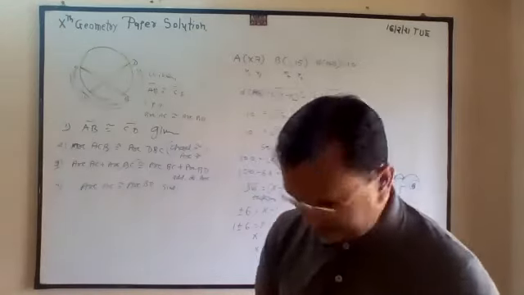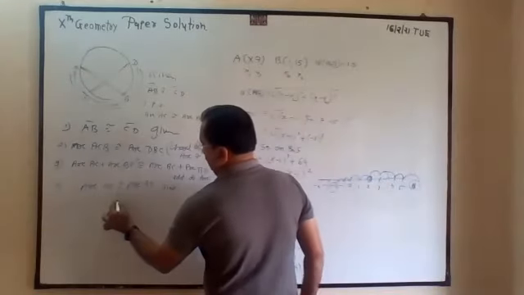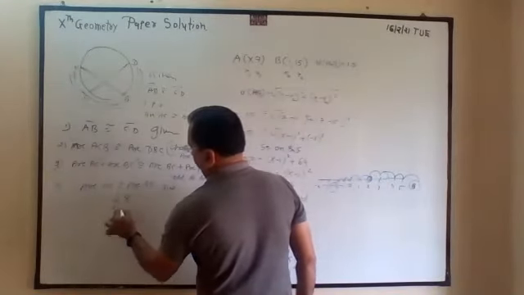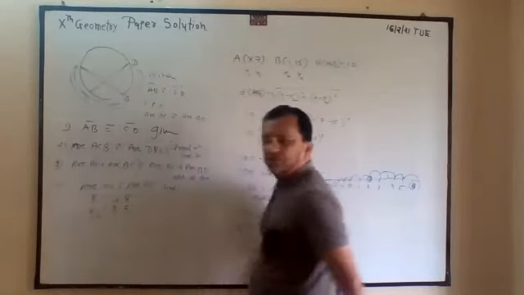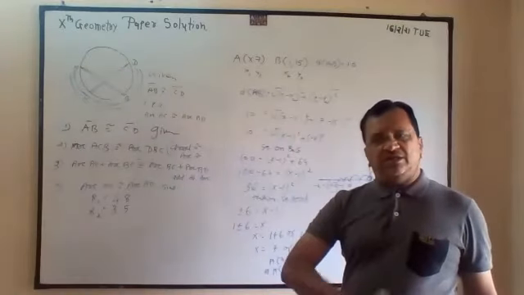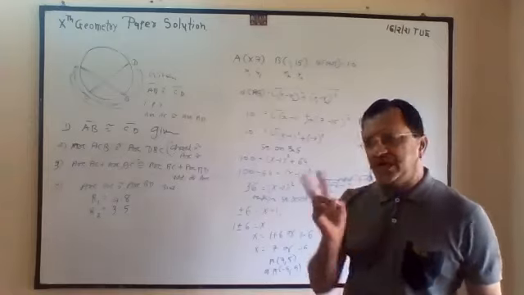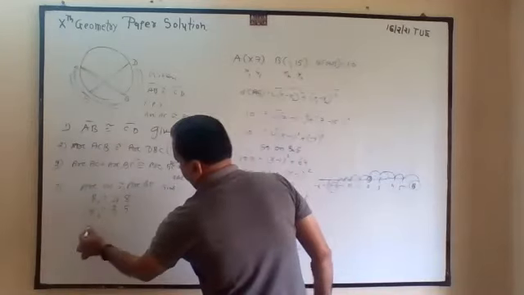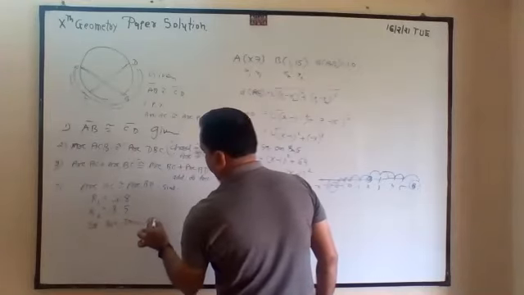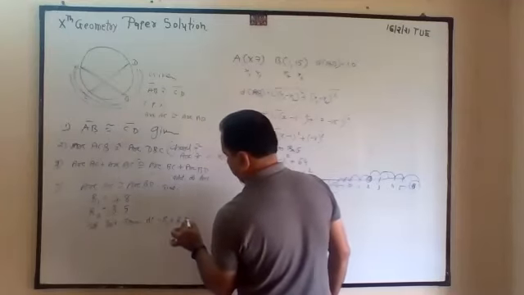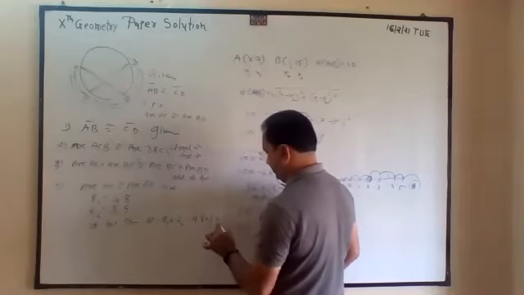4.8, 3.5. This is R1, this is R2. They have not given internally touching or externally touching. So you have to give both the answers. If externally touching, then distance is equal to R1 plus R2, 4.8 plus 3.5.